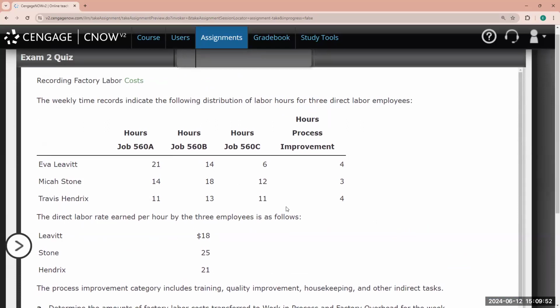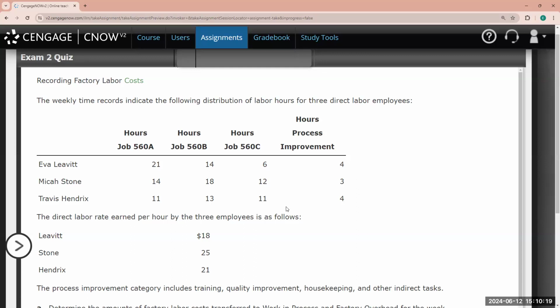Now we have this example, recording factory labor costs. Here we see the weekly time records indicate the following distribution of labor hours for 3 direct labor employees. We have Eva Levitt, Micah Stone, and Travis Hendricks. And here we see there's job 560A, 560B, 560C, and then we have hours process improvement.